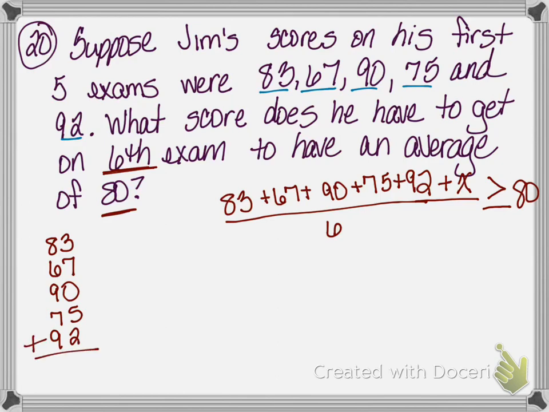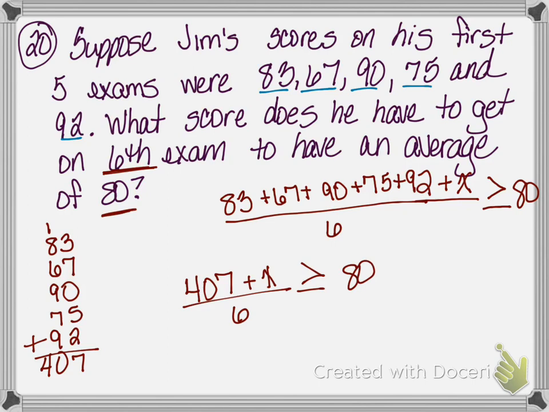So 3 and 7 is 10, plus 5 is 15, plus 2 is 17. 1 plus 8 is 9, plus 6 is 15, plus 9 is 24, plus 7 is 31, plus 9 is 40. Okay, so now my equation is 407 plus x over 6 is greater than or equal to 80.